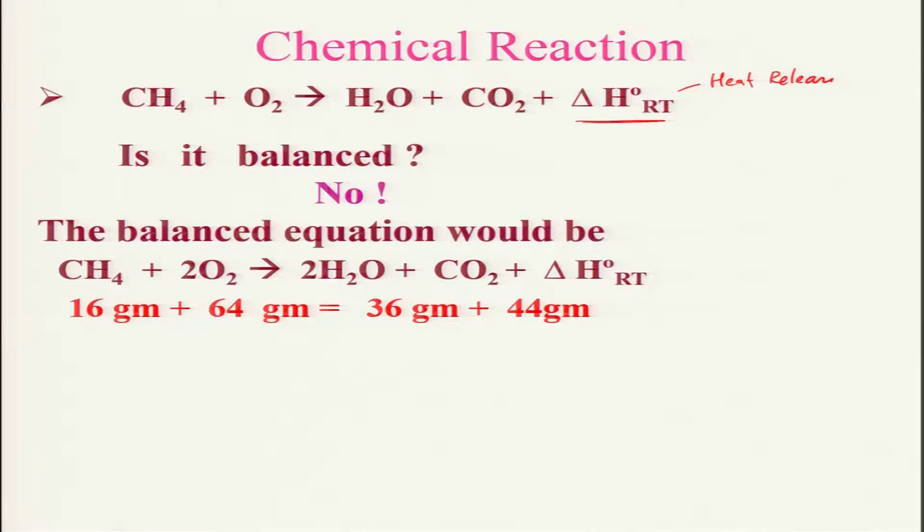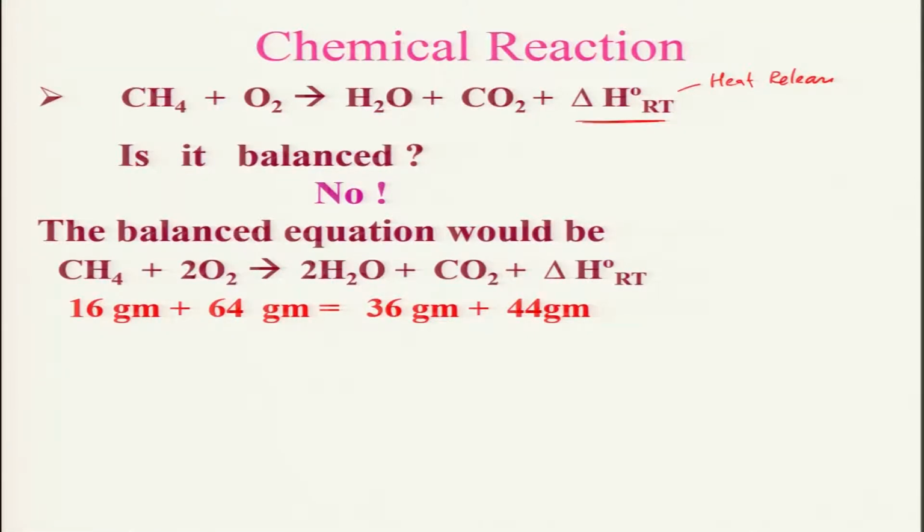If you look at the left hand side, it is basically 80 grams total together, 64 plus 16, that is 80 grams, and the right hand side is also 80 grams. That means the mass is conserved during this reaction.